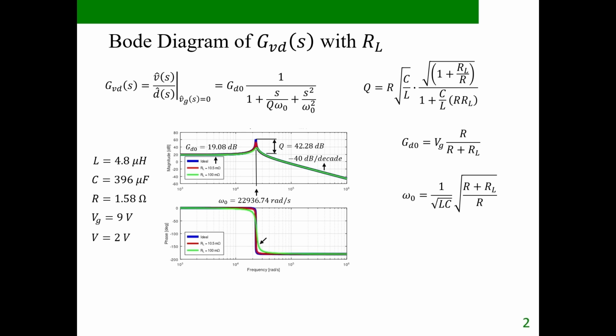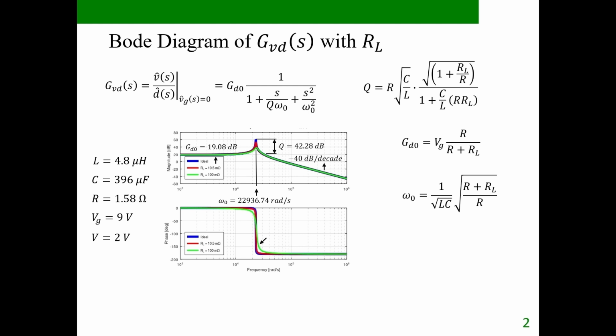Below the ideal case, we also show two additional responses. The red diagram is for RL equal to 10.5 milliohms, a realistic inductor, and the green diagram is for RL equal to 100 milliohms, which is a little bit exaggerated to illustrate the effect. As inductor series resistance increases, the DC gain decreases.